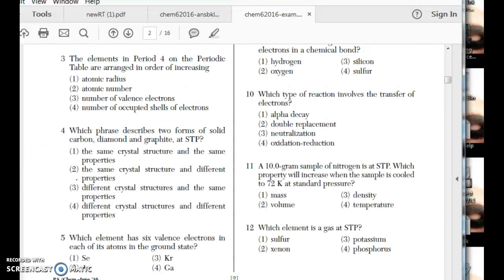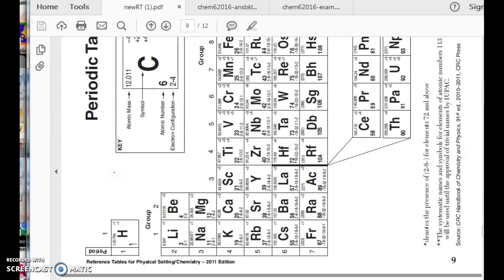Question number three, the elements in period 4 in the periodic table are arranged in order of. Now, I can pull up the periodic table and show you just what they're talking about. Or at least I can show you it on its side. Notice here it's period 4. These are the horizontal periods. Now, you can be misled easily here.